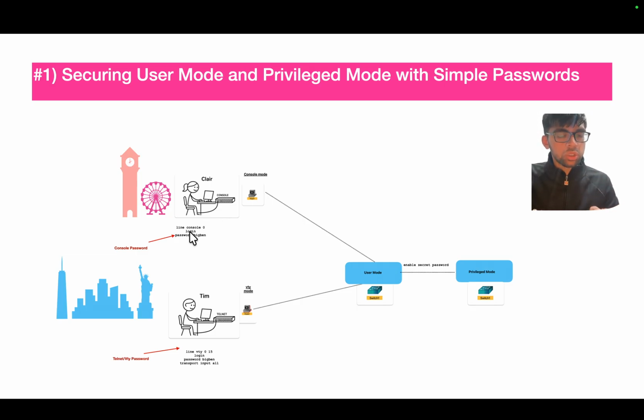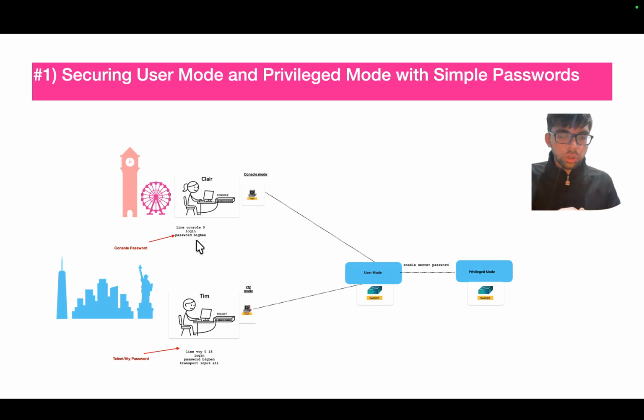So she goes into global configuration mode, types line console 0, then login, and then specifies a password, which is Big Ben. This is now a password for her switch for anyone accessing via console.